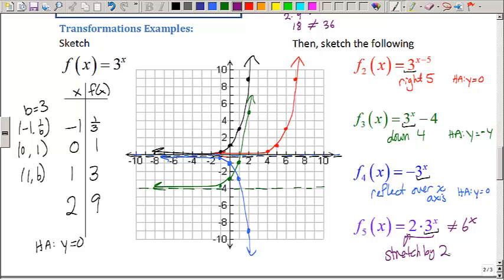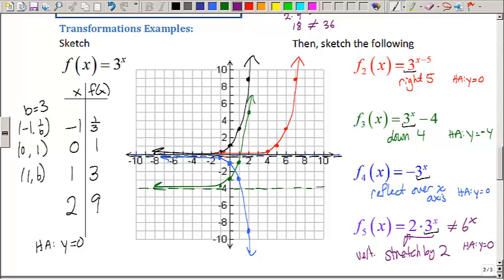And when I stretch this function by 2, notice I'm stretching away from the x-axis, so if I'm on the x-axis, my horizontal asymptote does not change. The height of the horizontal asymptote was 0, so when I double it, or vertically stretch it by 2, it doesn't change at all.